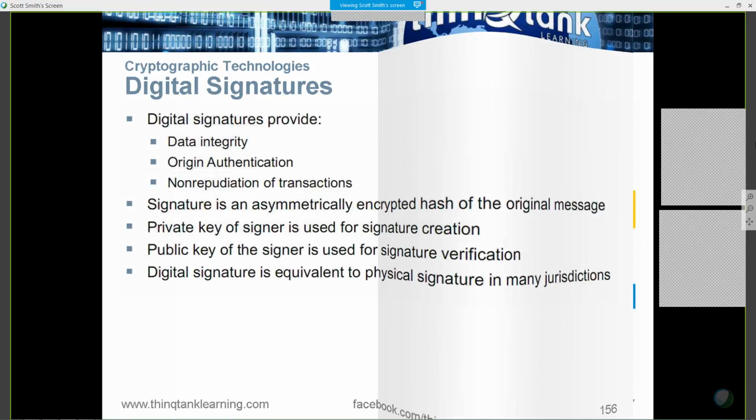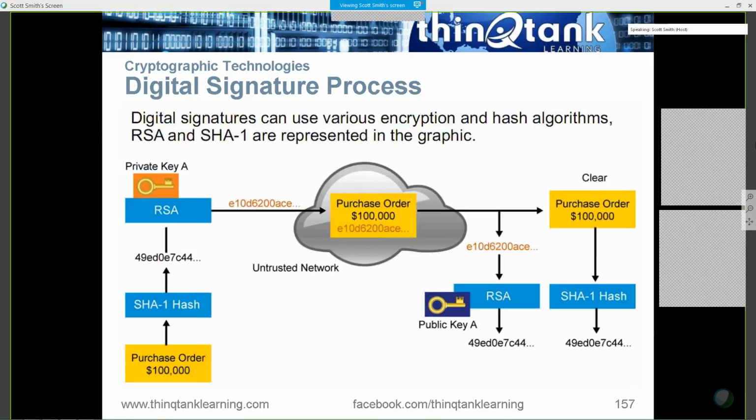So, we have a purchase order that we're sending. Now, we don't care whether or not the purchase order is in plaintext or encrypted. So in this case, the purchase order is being sent over our public channel in plaintext. I'm hashing the purchase order, which is used for message integrity. And then I'm signing the hash with my private key.